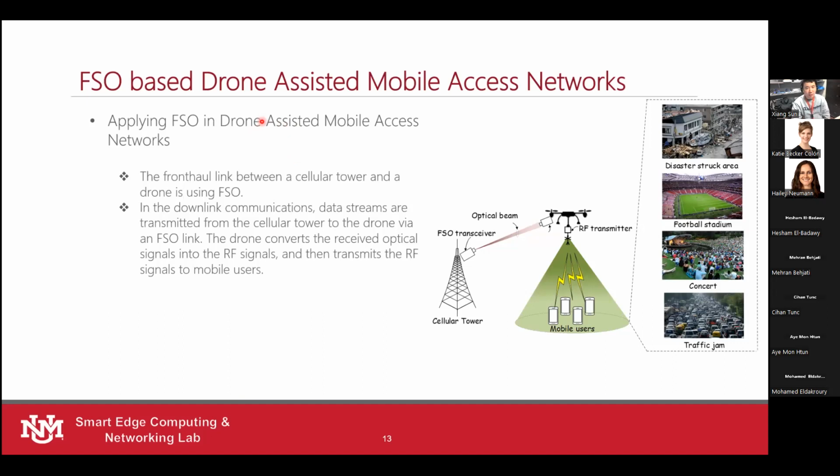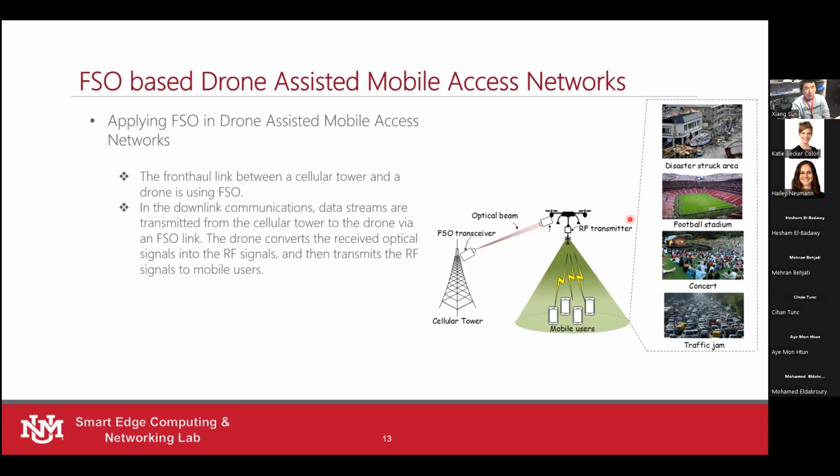In the drone assisted mobile network, a drone is equipped with a small cell base station, and this drone can be quickly and flexibly deployed over any sporadic hotspot area, like a traffic jam area, a concert or a football stadium, to provide high-speed wireless connections to the mobile users. Or the drone can be placed over any disaster striking area to offer emergency wireless communications for the victims.